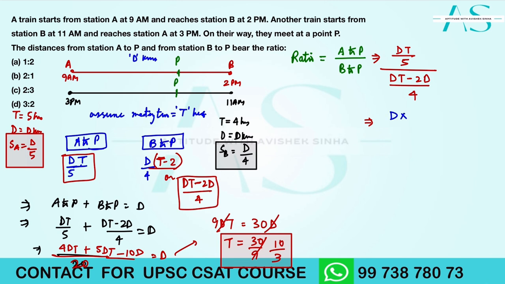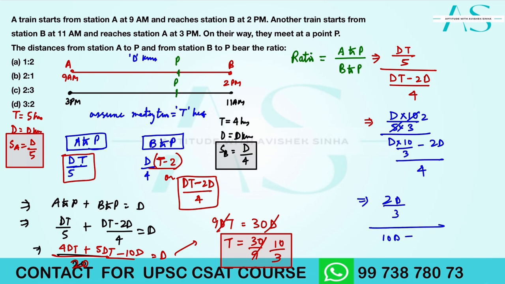So d into 10 by 3 upon d into 10 by 3 minus 2d, by 4. Let's simplify this by 2. So this is 2d by 3 at the top, and at the denominator we have (10d minus 6d) by 4 into 3. So this 3 and 3 get cancelled out.